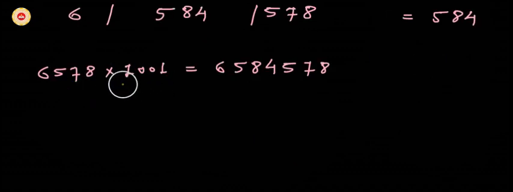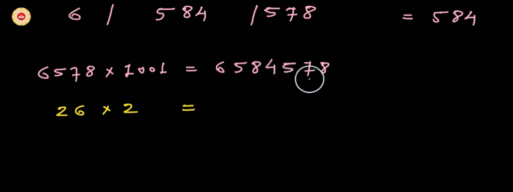Now let us apply the Bijanka method and check if this answer is correct or not. Let us calculate the Bijanka of the left hand side and the right hand side. 6 plus 5, 11, 11 plus 7, 18, 18 plus 8, 26. Multiplied by the Bijanka of 1001, which is 2, because 1 plus 0 plus 0 plus 1 is 2. Should be equal to 6 plus 5, 11, 11 plus 8, 19, 19 plus 4, 23, 23 plus 5, 28, 28 plus 7, 35, 35 plus 8, 43.